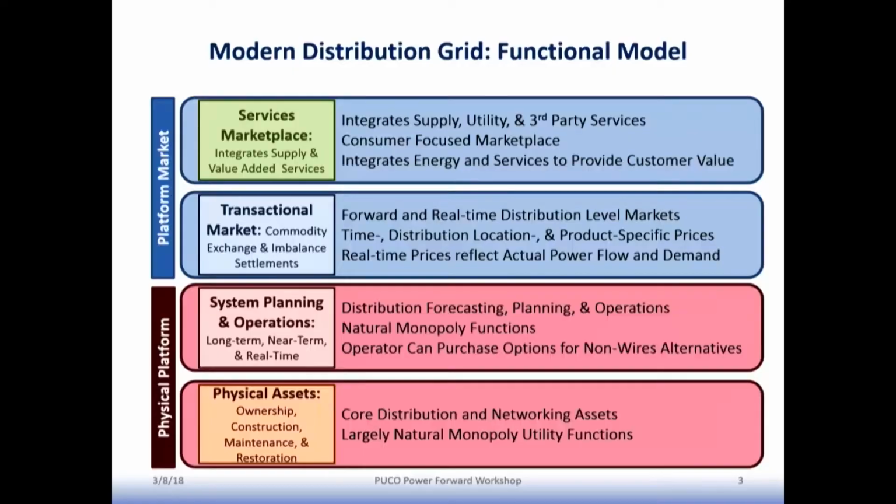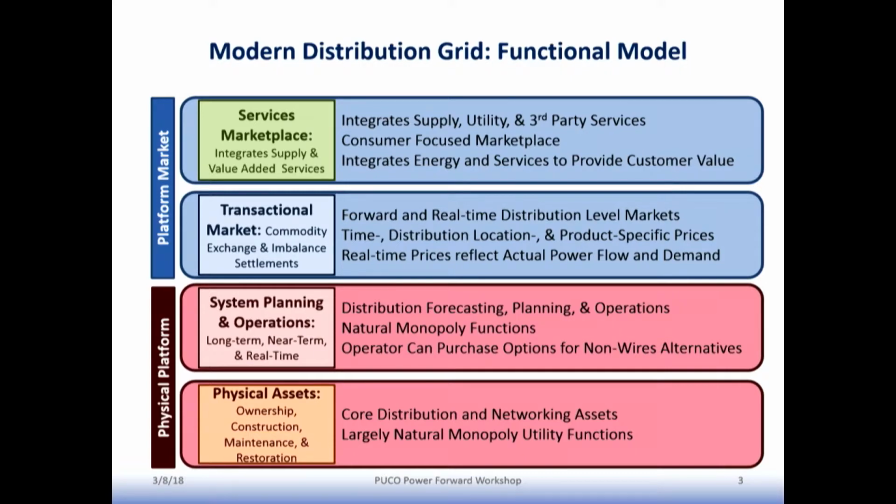So, Paul, I'm looking at your slide 3. Your slide 3 has the physical platform and the platform market, and it's broken up into four different buckets. Now the physical assets. With respect to the physical platform, let's begin there.